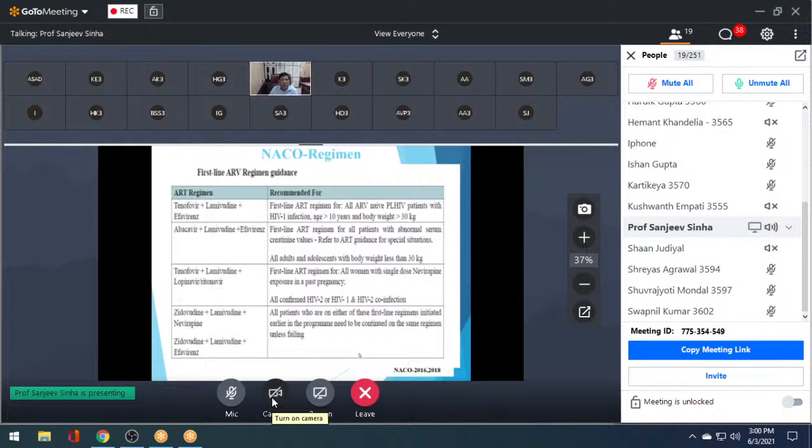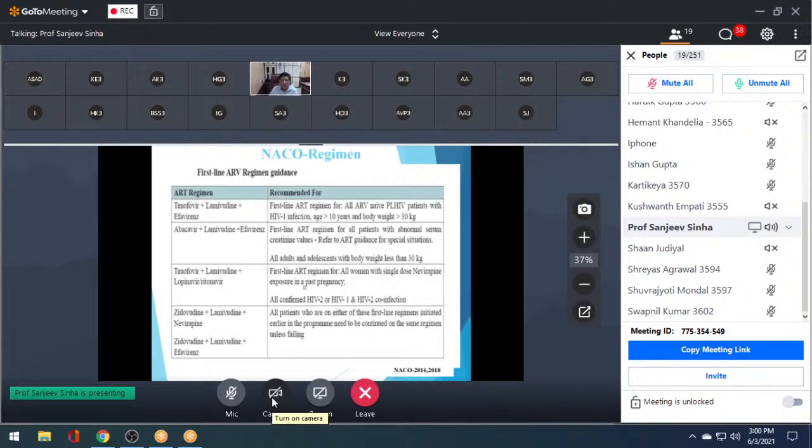So what are the other regimens available under NACO, the National AIDS Control Organisation? I already told you about tenofovir, lamivudine, efavirenz, and then we have other regimens like abacavir, lamivudine, efavirenz, and tenofovir, lamivudine, and lopinavir-ritonavir combination.